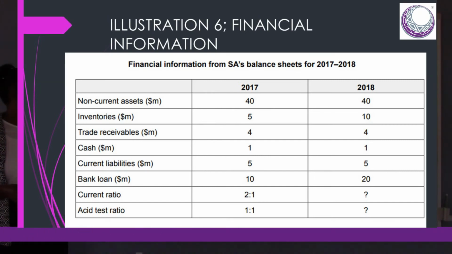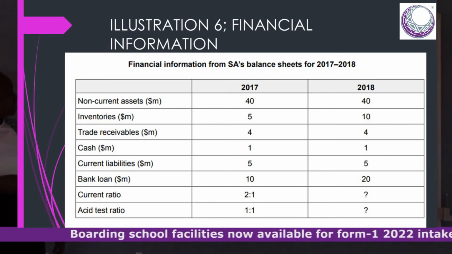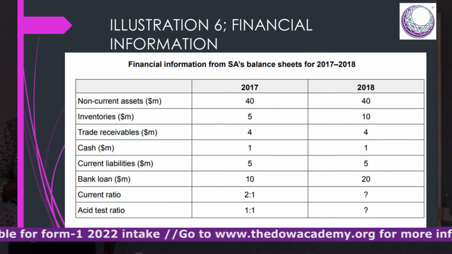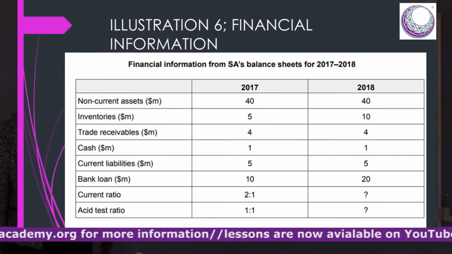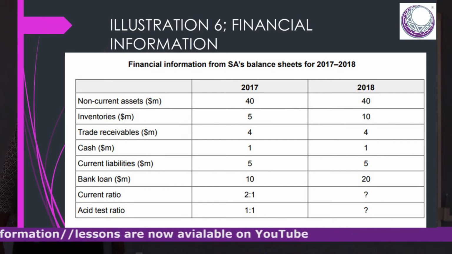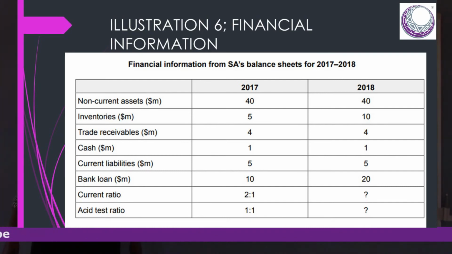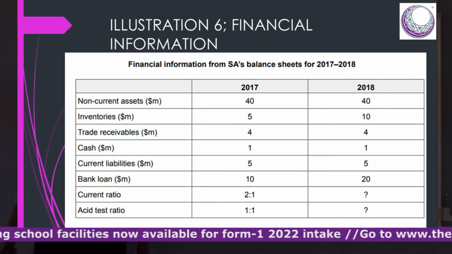You can see that they have the non-current assets, inventories, trade receivables, cash, current liabilities, bank loan, current ratio, acid test ratio, and you can see that for 2017, everything is shown, but for 2018 there are some figures that are missing.